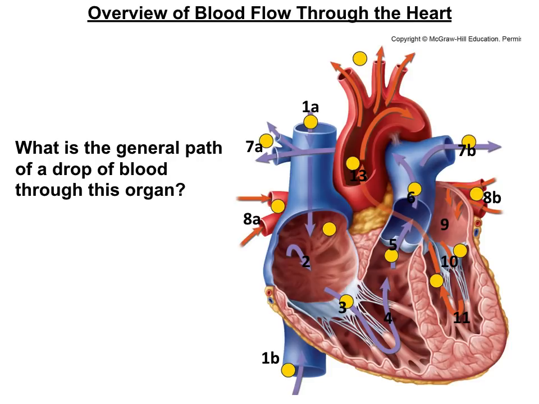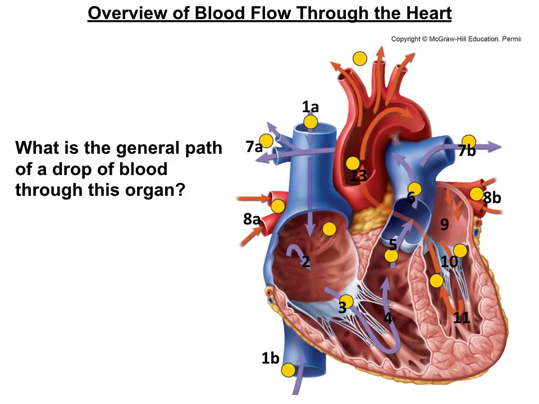So if you are a blood drop coming from any body structure superior to that diaphragm, and that would include the upper limbs because they attach to the torso at the shoulder, and the shoulder is superior to your diaphragm. If you are diaphragm and higher, you are going to return to the heart through structure 1A on the figure, your superior vena cava.